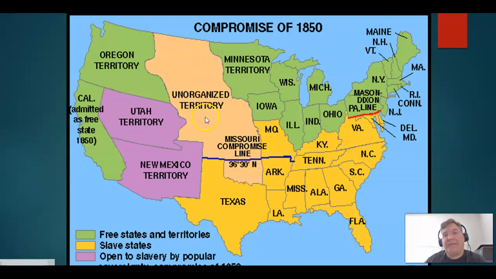All of this, again, is still unorganized territory. The Oregon Territory is part of the United States, but again, not a state just yet. Okay? So those are the two big compromises that you need to know, the Missouri Compromise and the Compromise of 1850. And so they solve the problem, but only for a short period of time.